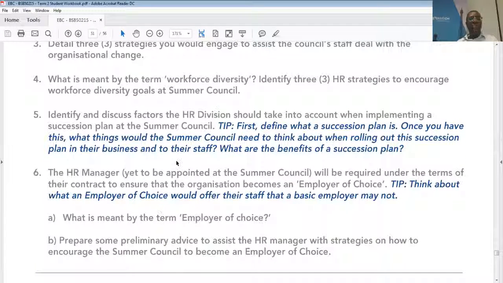Number 5, identify and discuss factors the HR division should take into account when implementing a succession plan. What's a succession plan? The word speaks for itself. That means if you have a chief executive or a chief engineer, and something happens to the chief engineer, if he ends up hospitalized for a long time, is the work going to stop?